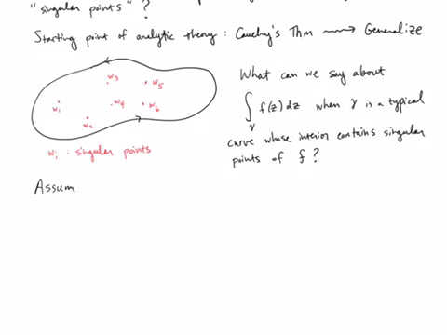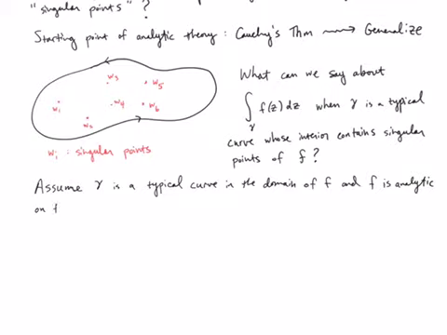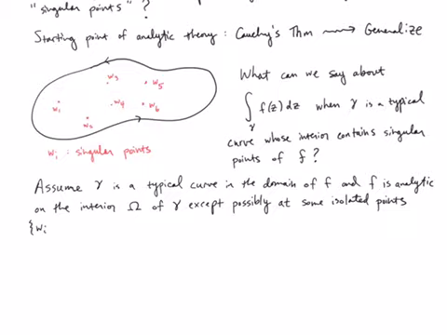Assume gamma is a typical curve in the domain of f, and f is analytic on the interior omega of gamma, except possibly at some isolated points, let's say w_i.